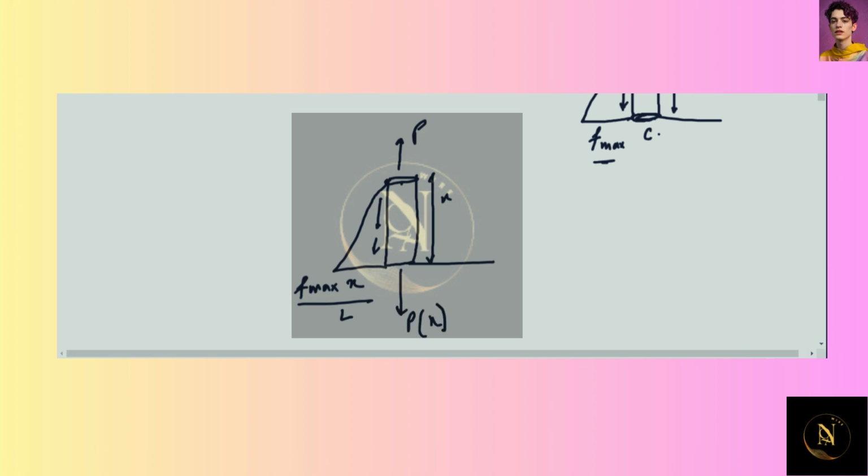At this section of length x, let us calculate the intensity of the frictional force by using the similar triangle rule, that is F max upon L equal to Fx upon x. So Fx is equal to F max x upon L.